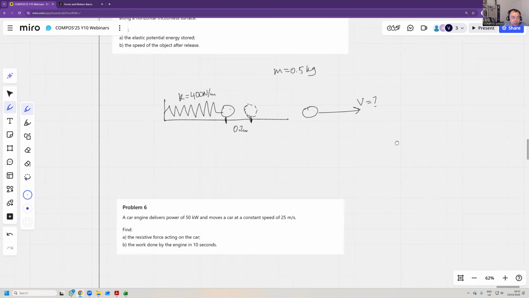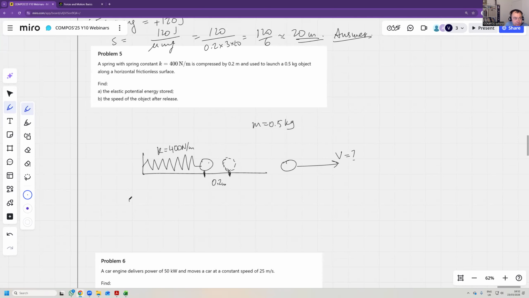And so the energy stored in a spring, elastic potential energy, is 1/2 K delta x squared. So it's 1/2 times K, which is 400, times delta x, which is 0.2 squared. That is 0.5 times 400 times 0.2 squared, which is 8 joules.